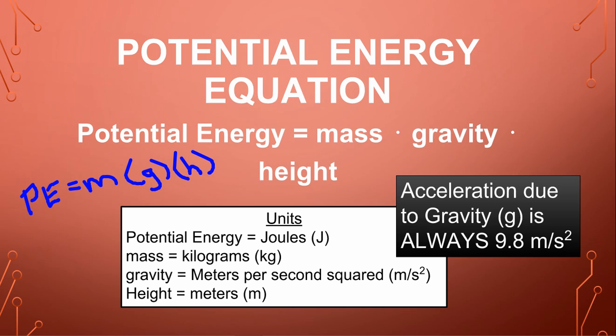Gravity, this is the acceleration due to gravity. You just need to know that this will always be 9.8 meters per second. This is really, really important, and please write this down, that g always equals 9.8 meters per second squared. And our height is in meters.